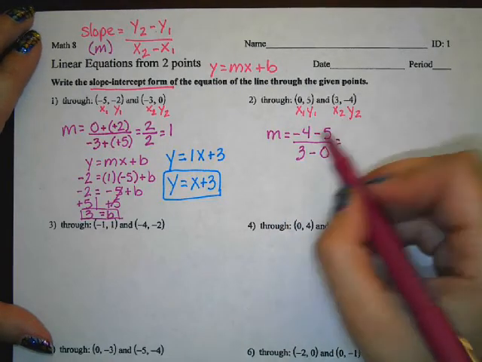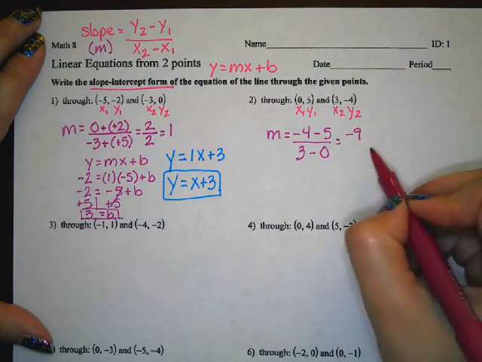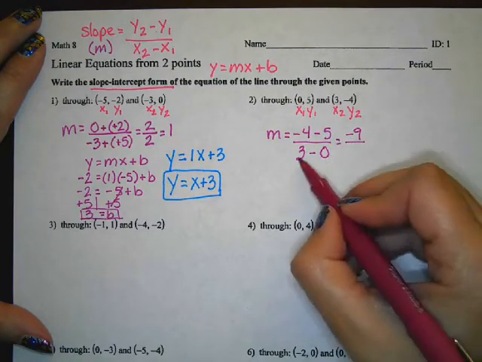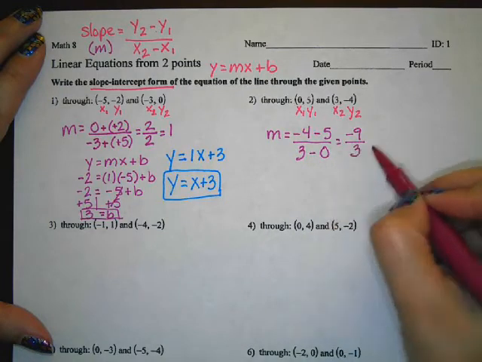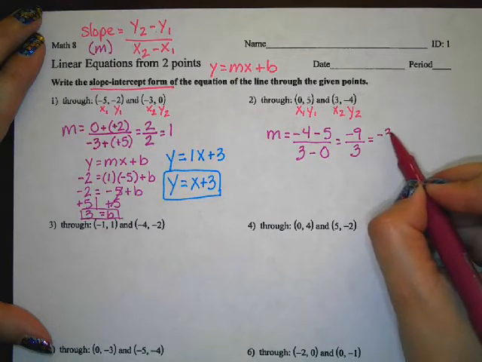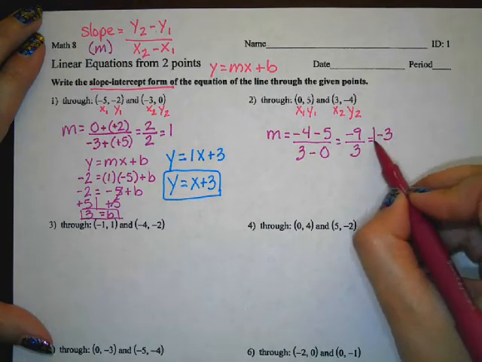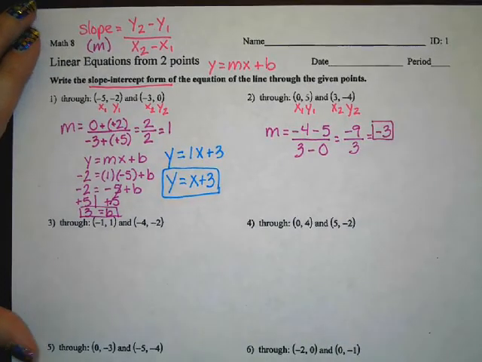So my slope is negative 4 minus 5, which is negative 9, divided by 3 minus 0, which is 3. I can reduce my fraction down to negative 3, because negative 9 divided by 3 is negative 3. So my slope is negative 3.